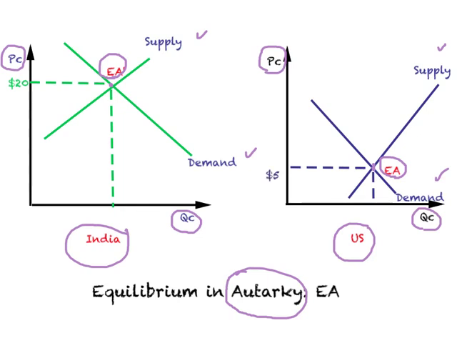Let us assume it is $5. So what you find here is that when there is no foreign trade, the price of the same item, clothing, could vary across countries, and in this case it is $20 in India and $5 in the US.